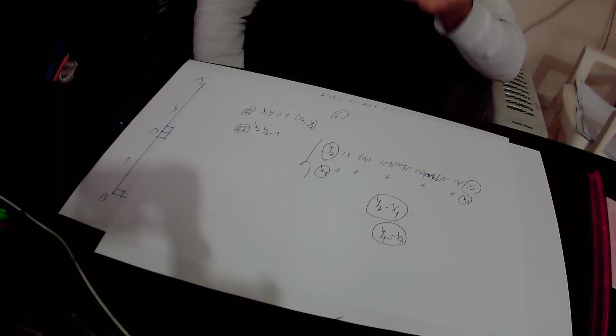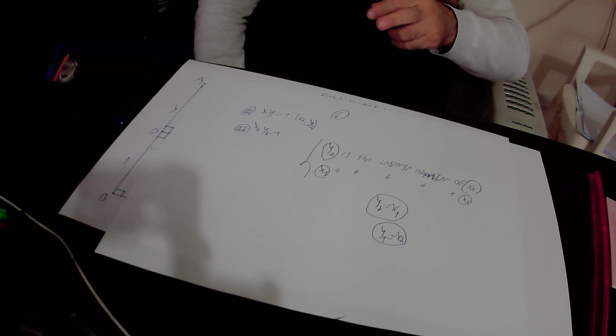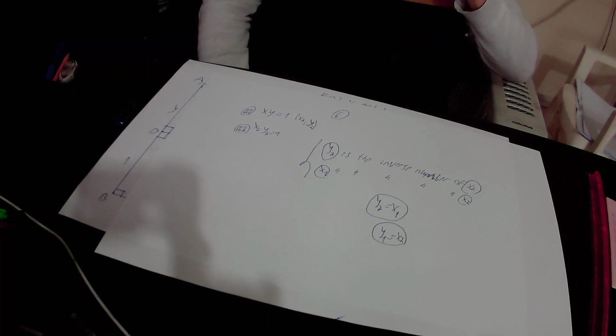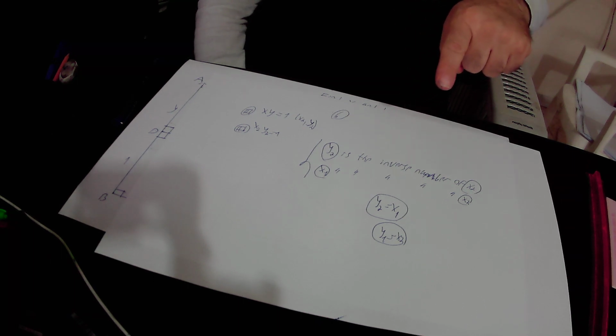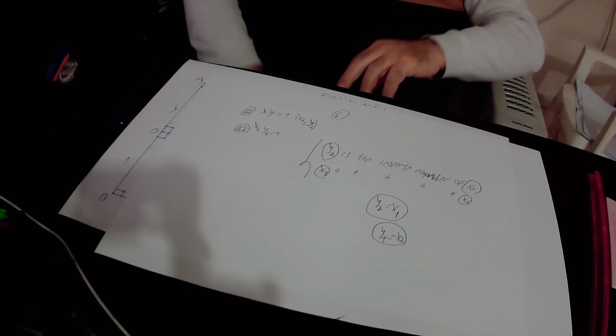So y2 and x1 are both the inverse number of x2. But x2 can have only one inverse number, and because of that, it means that y2 equals x1. Okay, y2 equals x1, and we already found out that y1 equals x2.